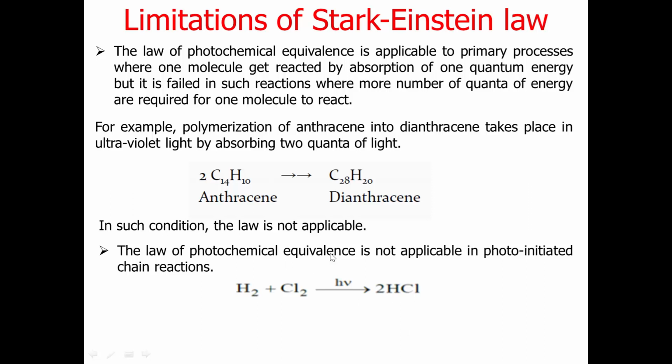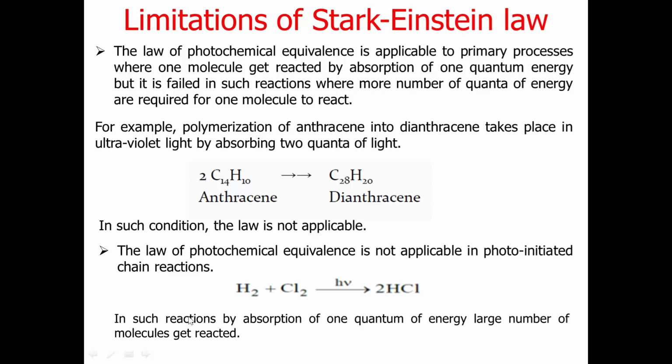This kind of reaction takes place by a free radical mechanism. When a chain reaction occurs, the Stark-Einstein law is not applicable, because by absorption of one quantum of energy, a large number of molecules get reacted. So these are the limitations of the Stark-Einstein law.